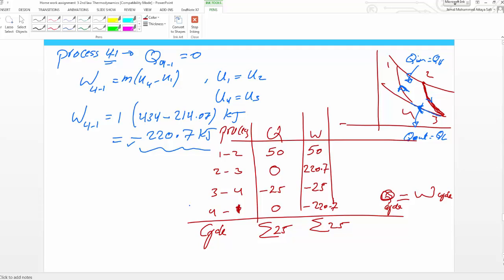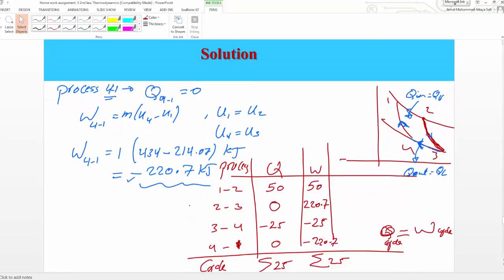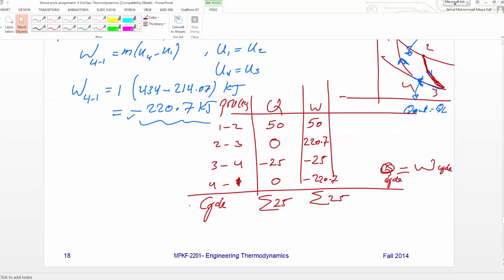And immediately from here, I can also find the efficiency, because he also wants us to find the efficiency. It's given in the problem, but it's good also to look here. The efficiency is actually the work of the cycle divided by Q in.